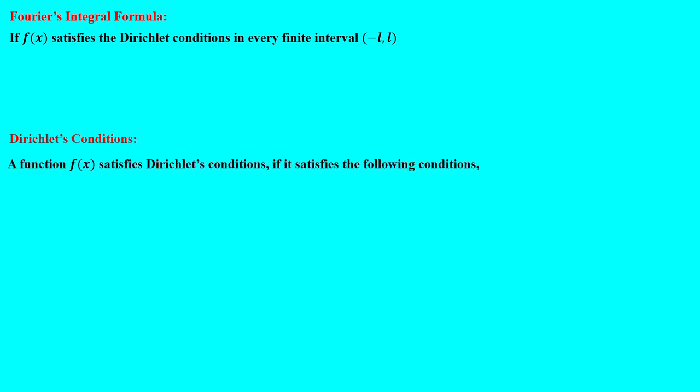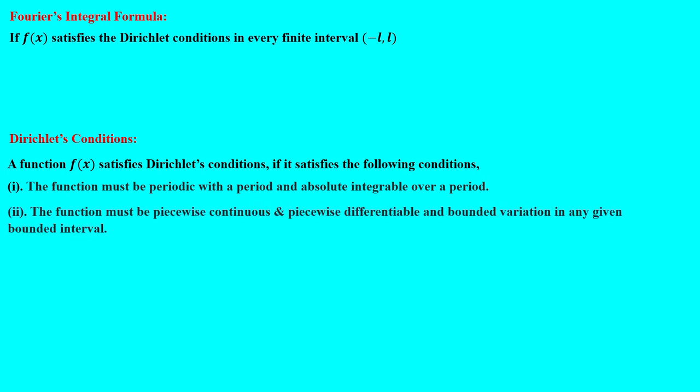Next, Fourier integral formula. f of x satisfies the Dirichlet's conditions in every finite interval minus L to plus L. There are three conditions under this. First one, the function must be periodic with a period and absolutely integrable over a period. Second one, the function must be piecewise continuous and piecewise differentiable and of bounded variation in any given bounded interval.